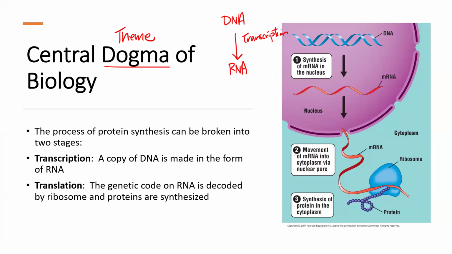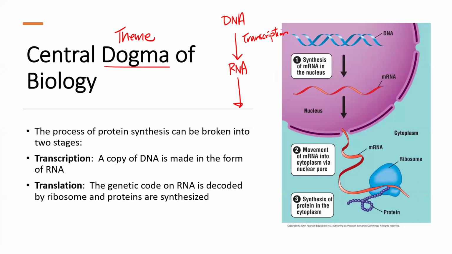Once you make the RNA, the copy of the DNA, the RNA will exit through the pores and go into the cytoplasm. In the cytoplasm, the ribosome, the burger, is going to grab onto the RNA and read through it. A lot of textbooks describe this as the burger and spaghetti model. Think of the burger moving through a noodle, and along the way, it's going to read the instruction and make the protein.